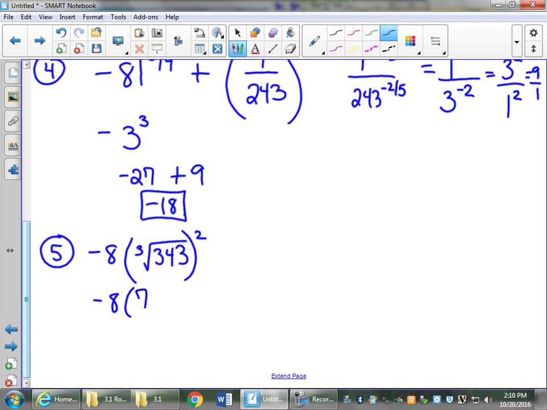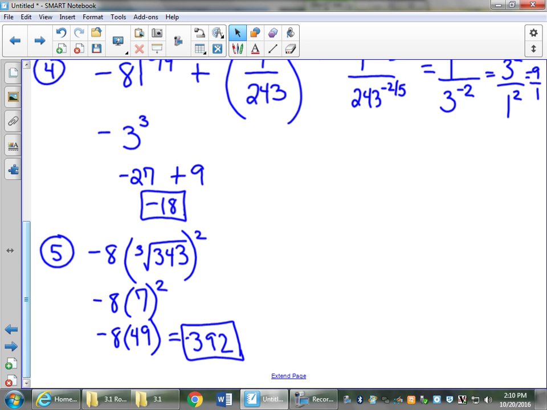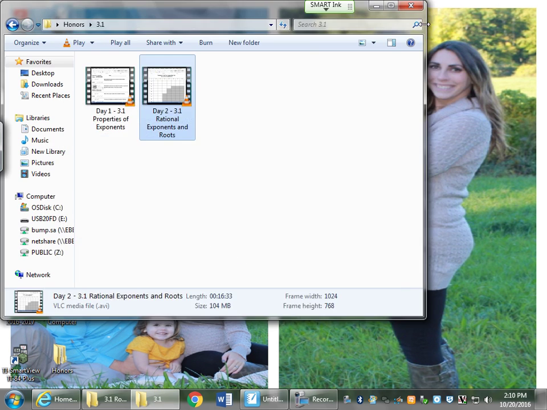It's going to be 7 squared. This will become negative 8 times 49. And now I'm going to do it on the calculator real quick. Negative 8 times 49 is going to be negative 392. That's the last of the evaluating examples. Let's move to the calculator.